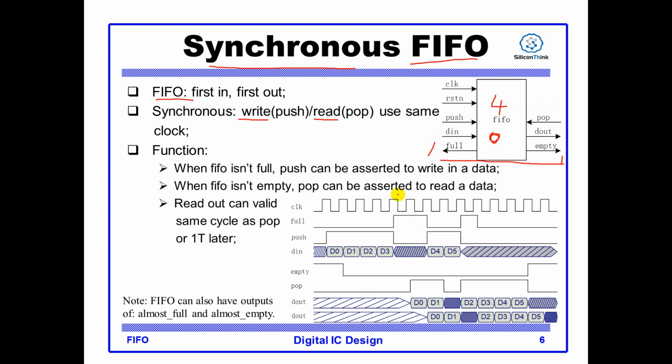So after you have pushed 4 data in the FIFO, the full flag will assert high. And after reset, the empty flag is high. Of course, after reset, there is no data in the FIFO. After one data has been pushed, the empty flag will go low, to the inactive state.